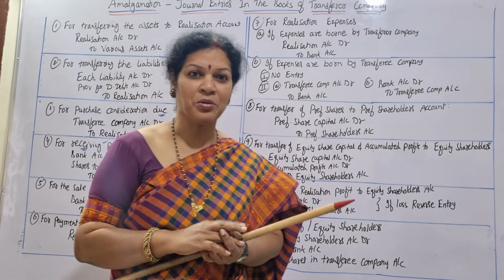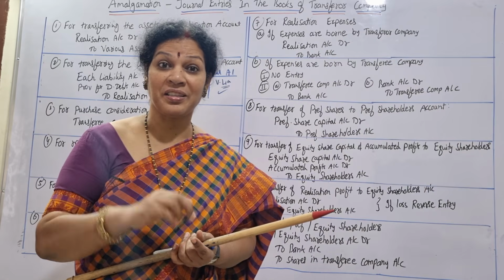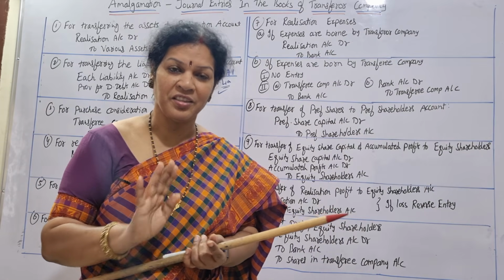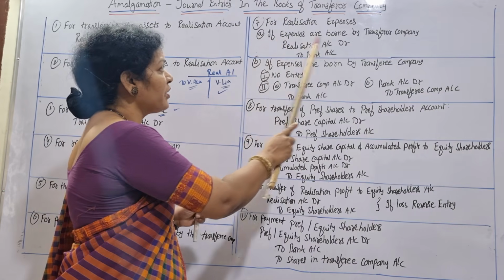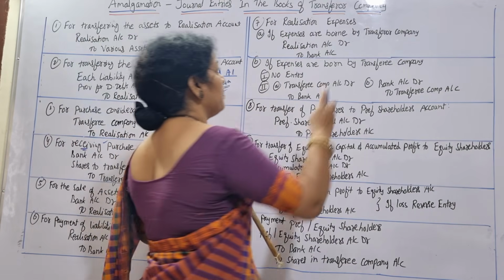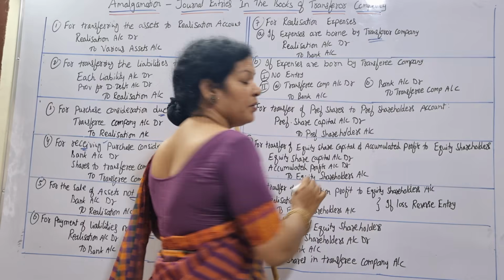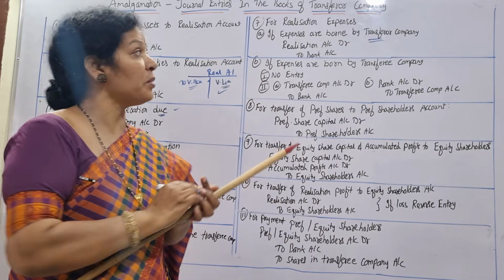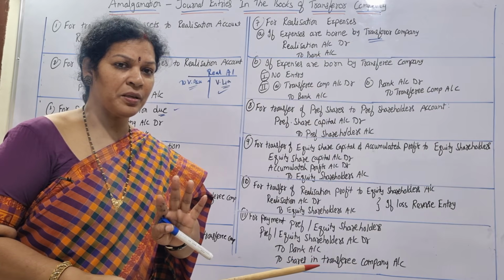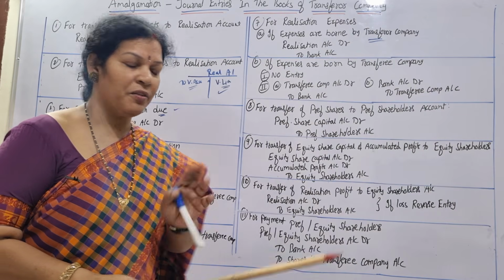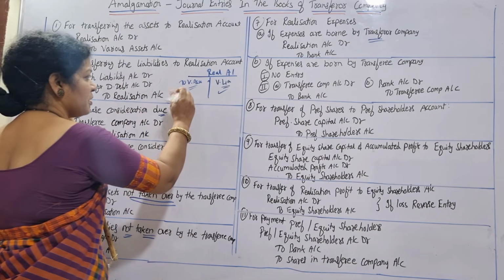Like in consignment also, the consignor used to bear the expenses, sometimes the consignee used to bear. In the same fashion here, in the seventh one, if expenses are borne by the transferor company, in the books of transferor only we are writing, right? So if expenses are borne by the transferor company, then we will be writing on the debit side, expenses.